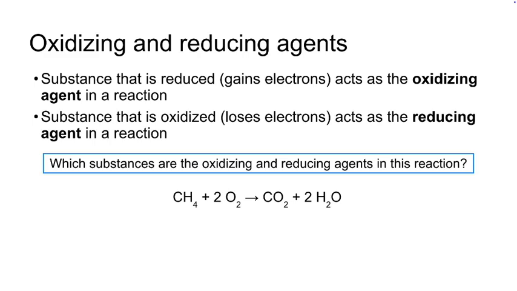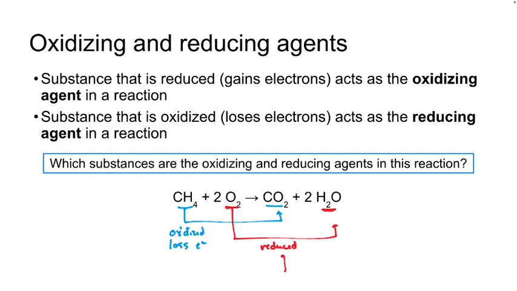So, from the previous example that we had, what happened to the carbon? Okay, it was oxidized. It lost electrons. What happened to the oxygen? Doesn't really matter where we go. I'm going to go to the water this time. Okay, it was reduced. It gained electrons.